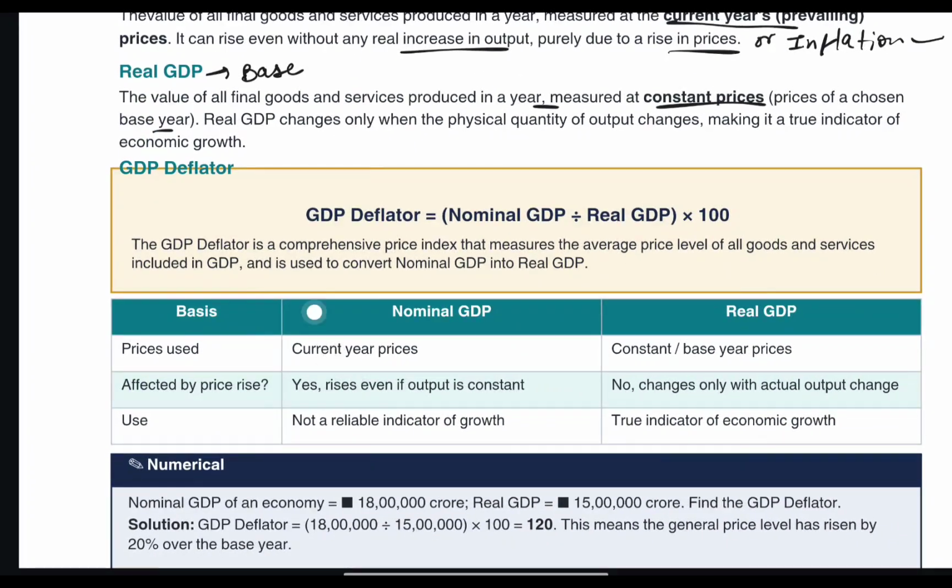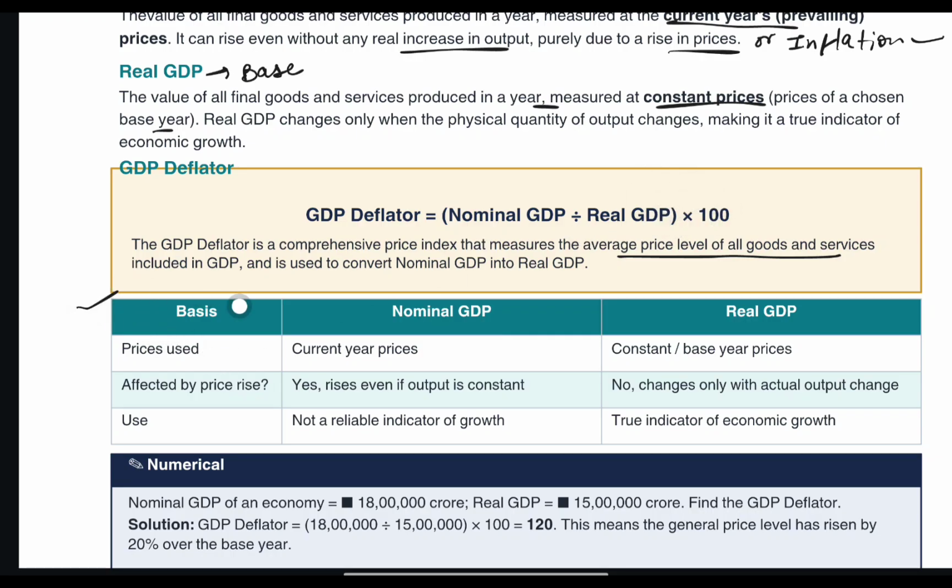And what is GDP deflator? GDP deflator is a comprehensive price index that measures the average price level of all goods and services included in GDP and is used to convert nominal GDP to real GDP. Got it? So GDP deflator is equal to nominal GDP divided by real GDP multiplied by 100.